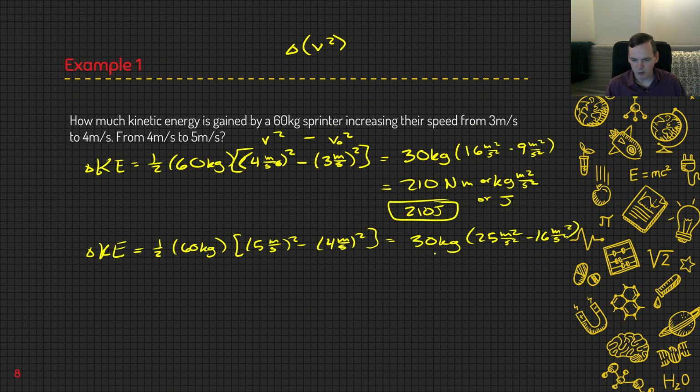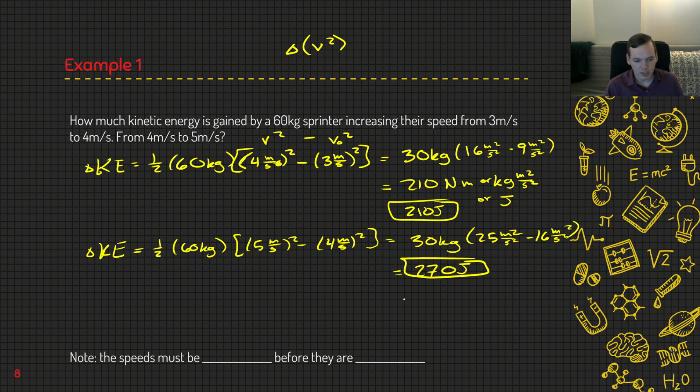Sorry, that was a mistake. This should both be meters squared per second squared. That will give us 30 times 9, so that will be 270 joules. So you'll notice they do have the same change in speed, 1 meter per second, but they don't have the same change in squared speeds.